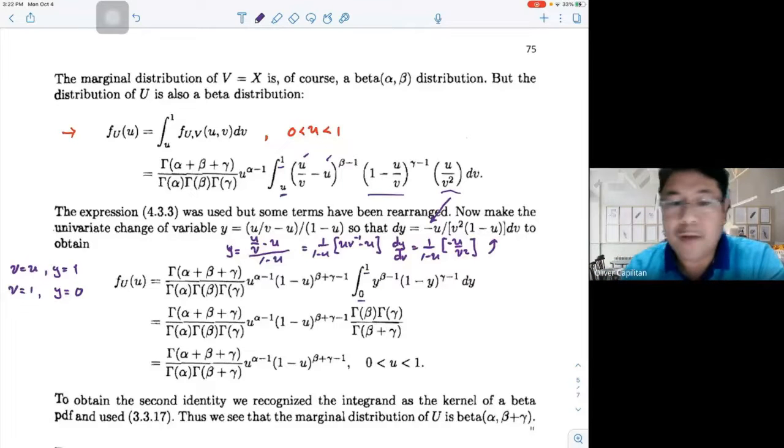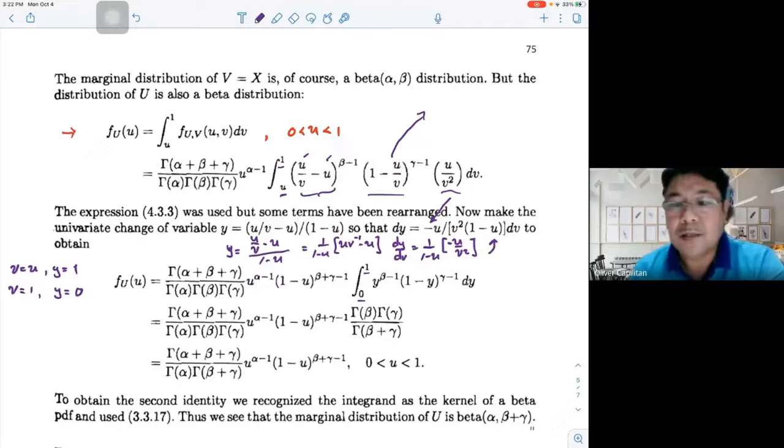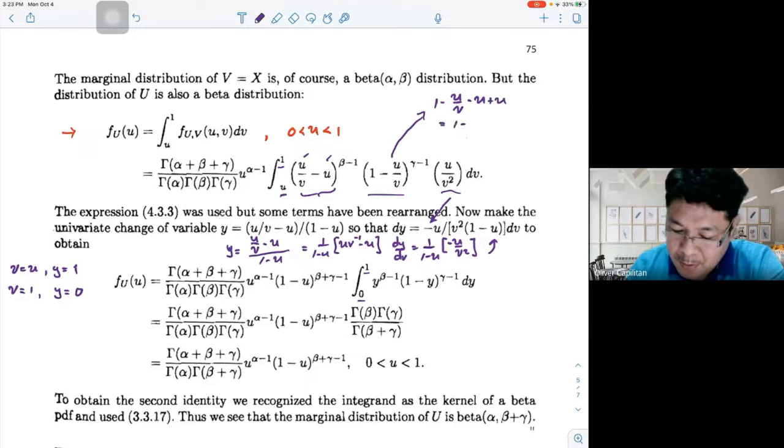And then you can also verify this second part, because we take this as our y here. For this part, we can simply subtract and add u, say we have here 1 minus uv, then we have minus u plus u. This is the same as 1 minus u quantity, then minus u over v minus u.